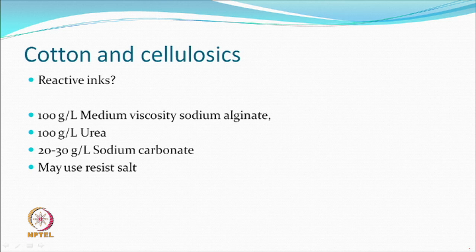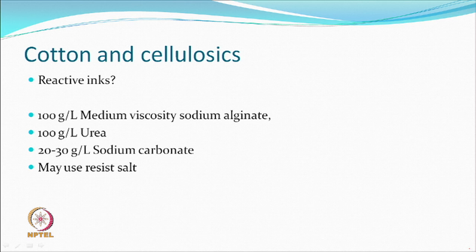Typically, this may contain sodium alginate. We know that any other thickener is not good for reactive dyes, so you may use that. Urea may be required as a humectant to ensure that while you are processing, when everything is dry, there has to be moisture, and so diffusion should take place.